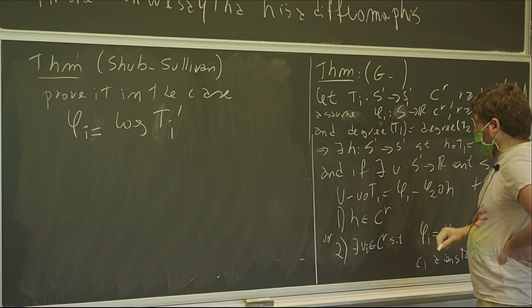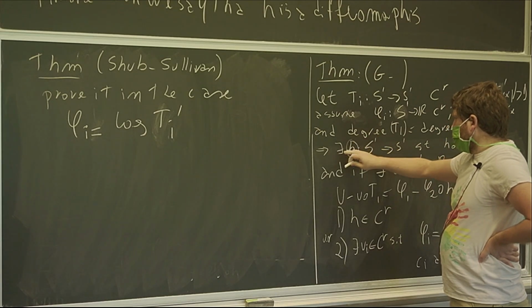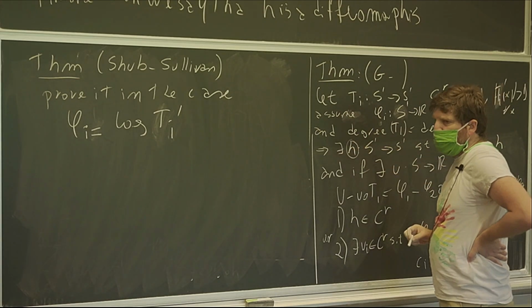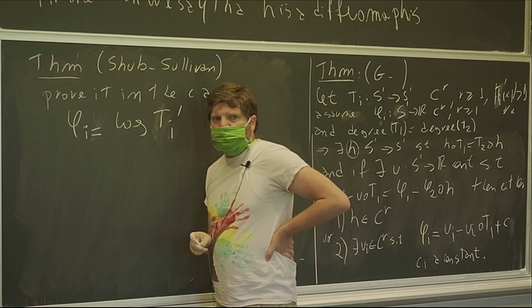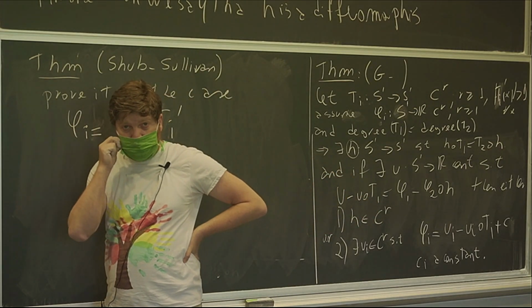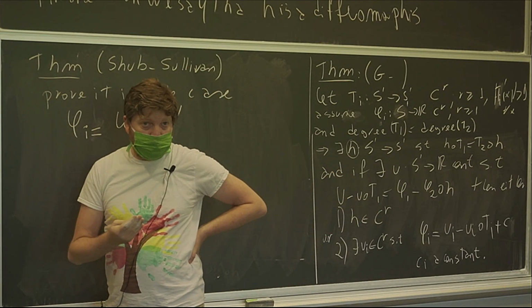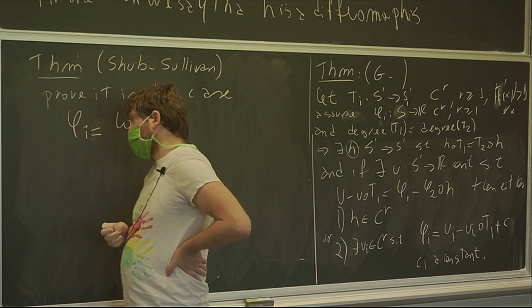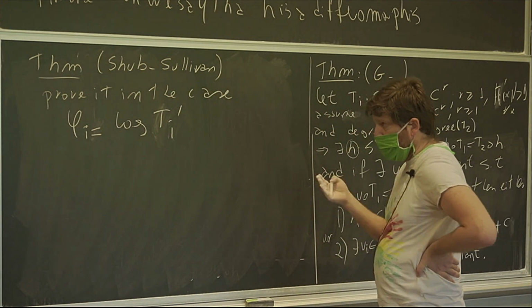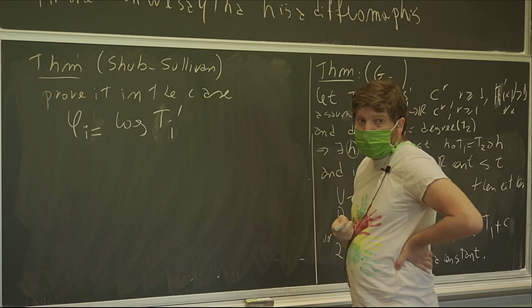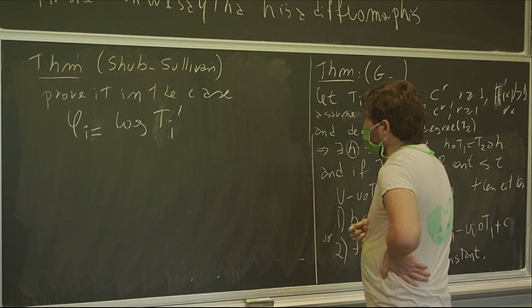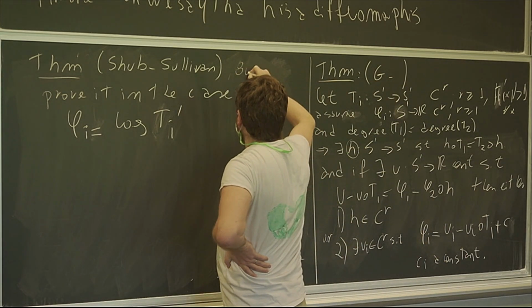But more importantly, instead of thinking of this conjugacy H, they can think of another conjugacy which is just an absolutely continuous function on the interval. And they can still recover essentially the same result. So this again is in the 80s.